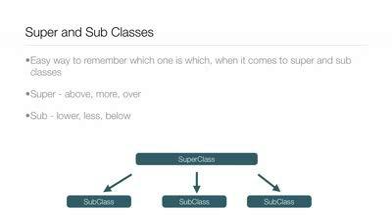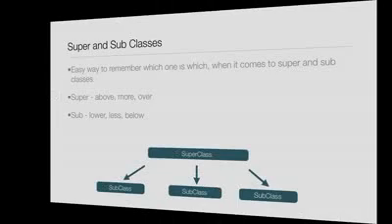And so if you think about superclass and subclass in this top-down hierarchy way, it makes it very logical, and it's very easy to remember which one is which. And remember that a subclass inherits from the superclass.